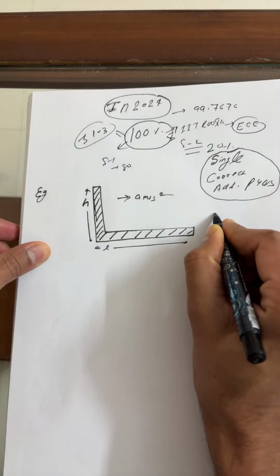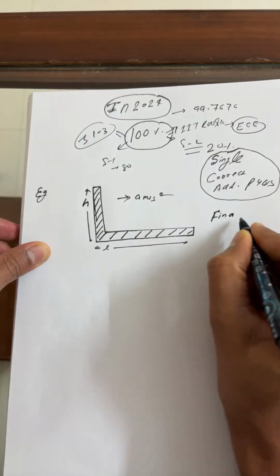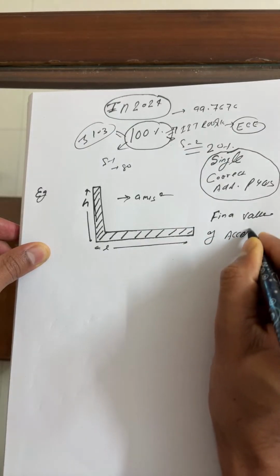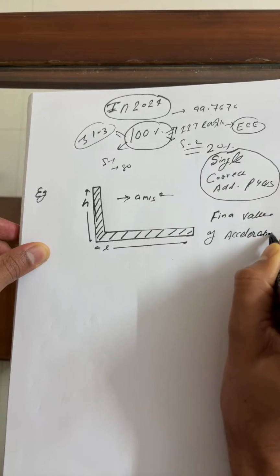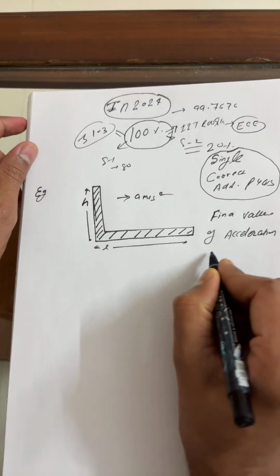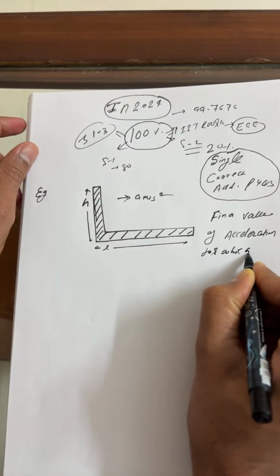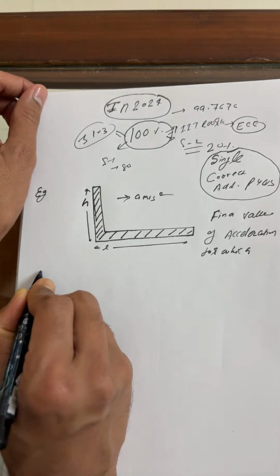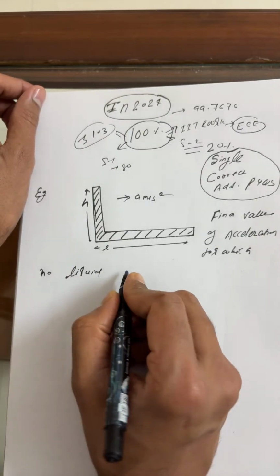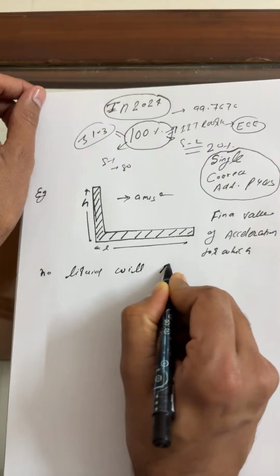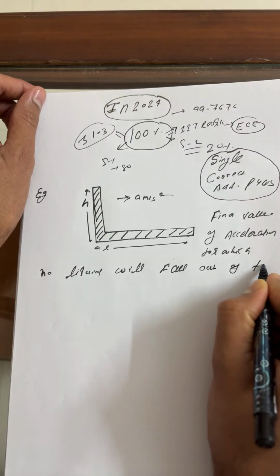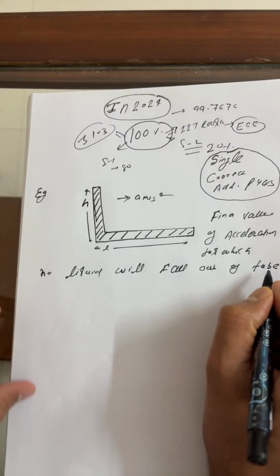I'll write the question here. Find the value of acceleration for which no liquid will fall out of the tube from any end.